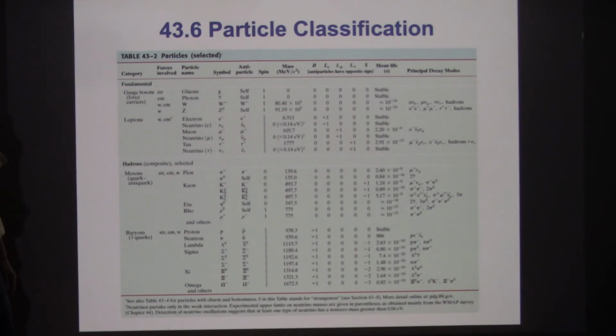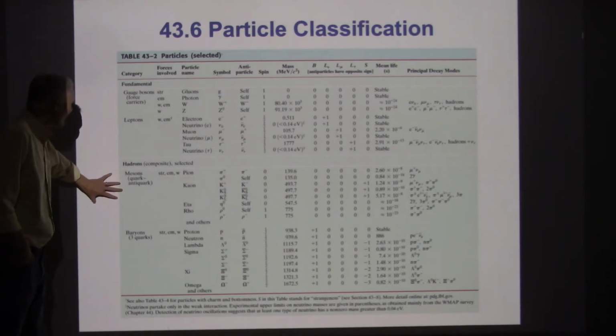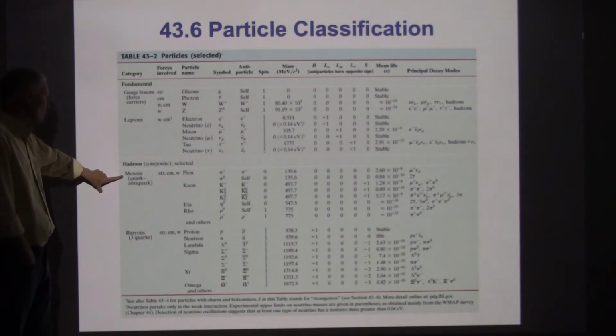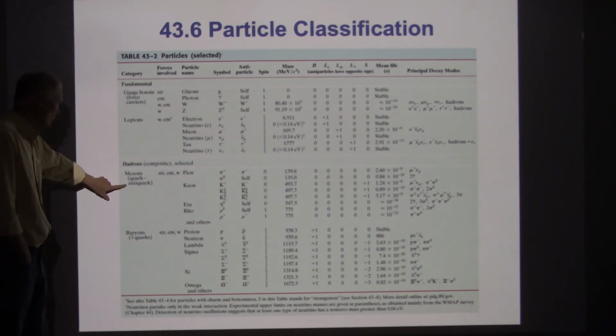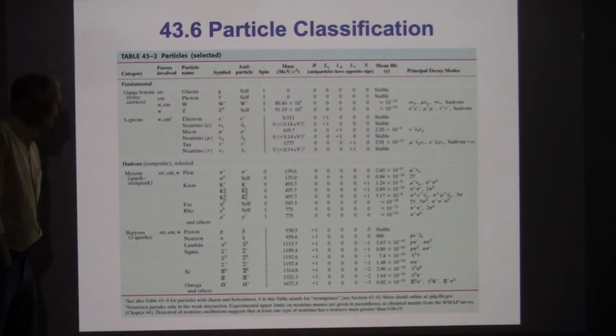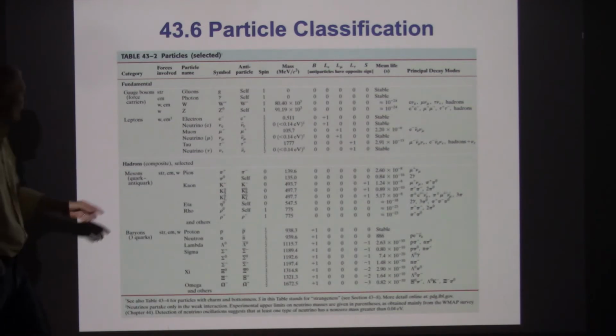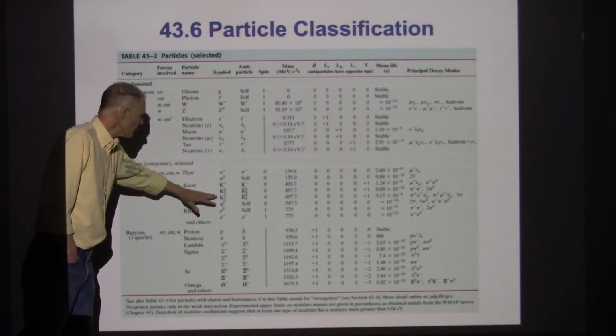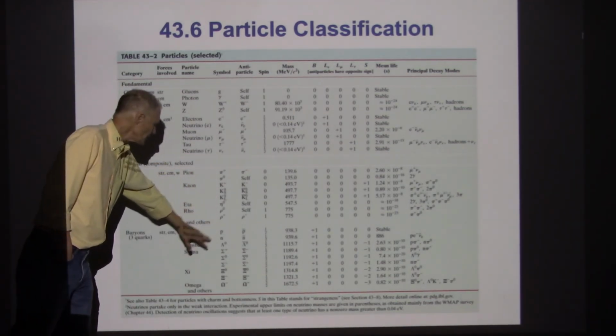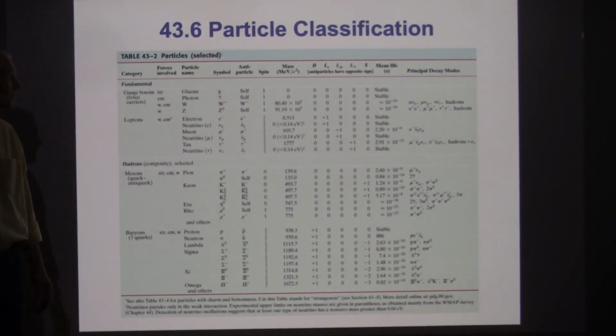Now down here we have what we said were mesons, quarks and antiquarks, and then baryons. Unfortunately, I don't feel like they have them listed as simply as they should be. They should just say what quarks make up which of these. I think that would be a much easier way to approach it.